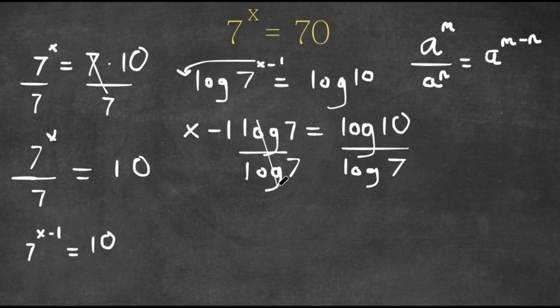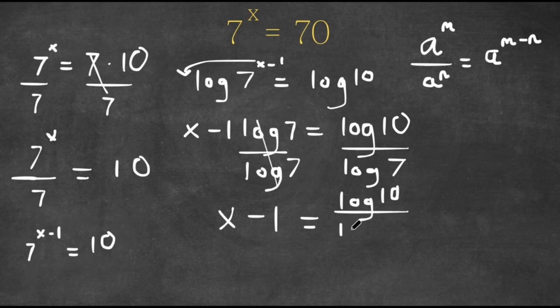So now these two cancel out, and I get x minus 1 is equal to log 10 over log 7.